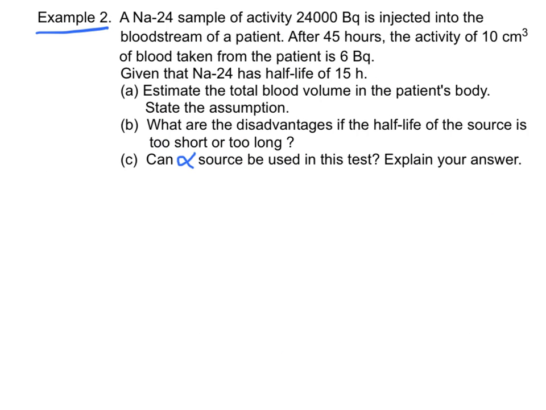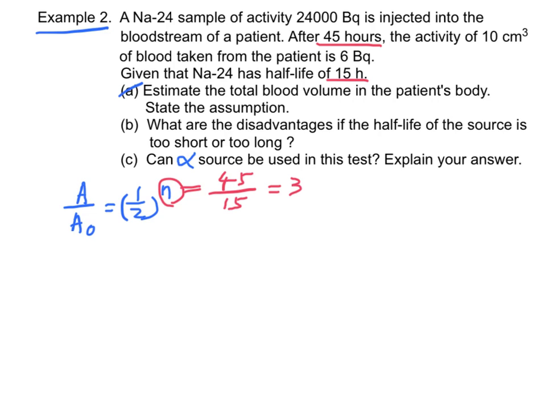Example 2, part A, we have the equation A over A naught equal to 1/2 to the power n. After 45 hours, the number of half-lives n equal to 45 over half-life equal to 3.